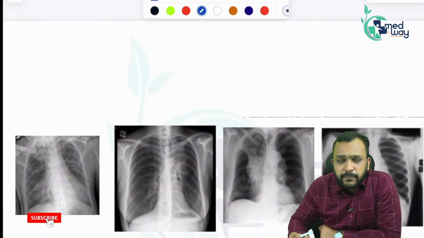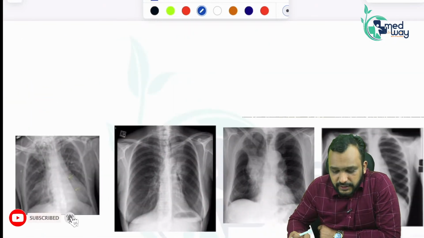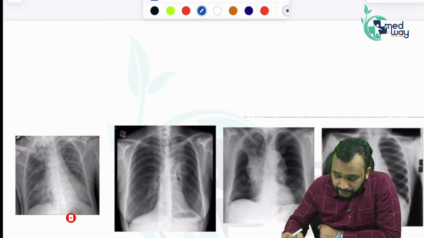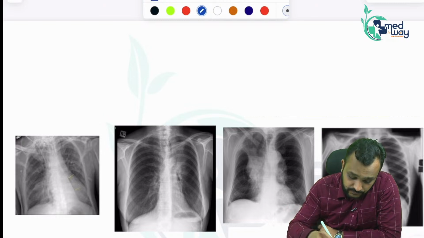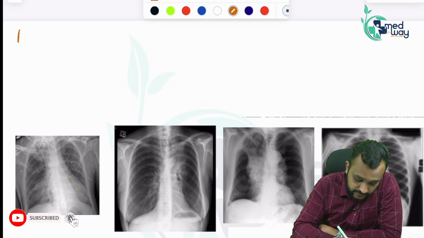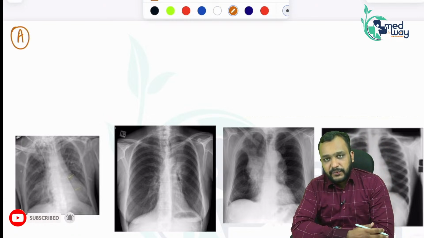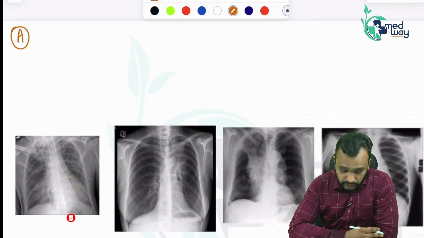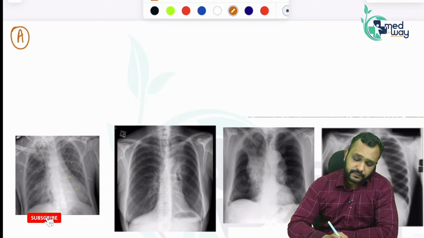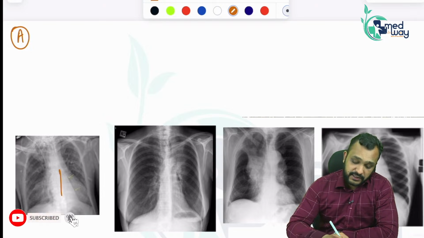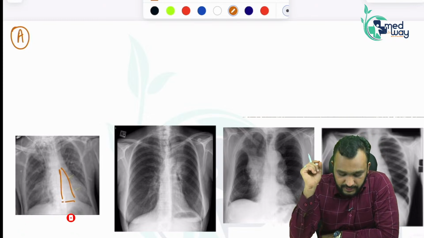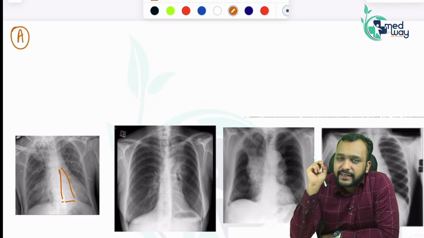There are a few important named signs that you need to remember as far as collapse is concerned. Can anyone tell me what you are able to see in the first image? In the first image, you can see that there is a homogeneous opacity in the left lower zone, in the retrocardiac area.